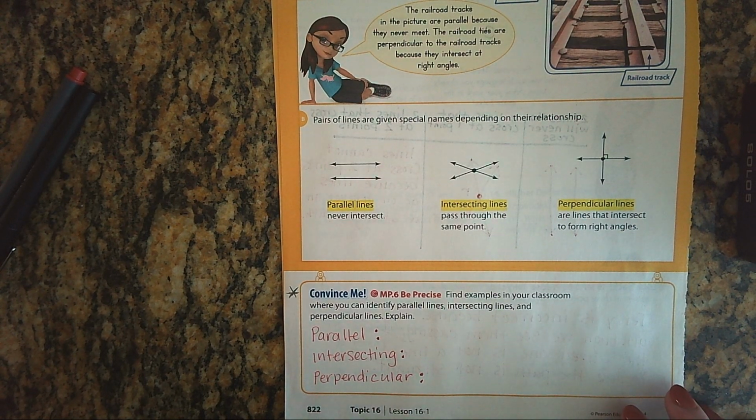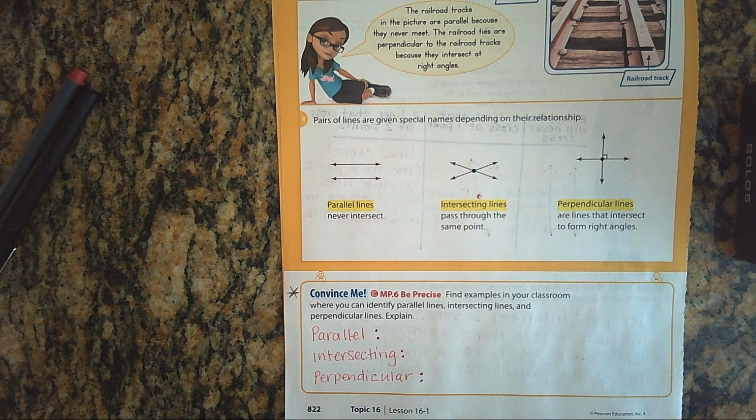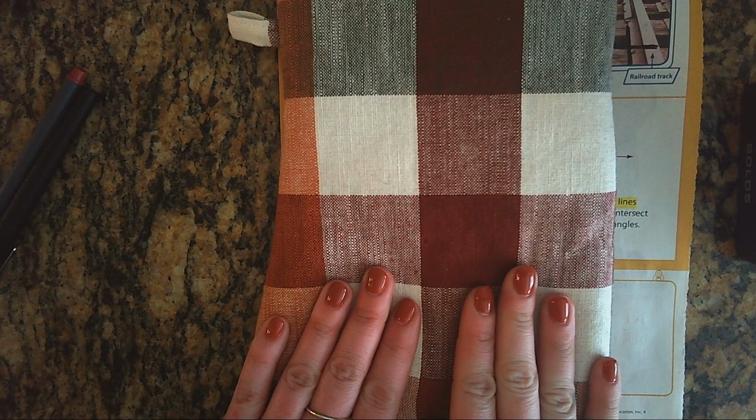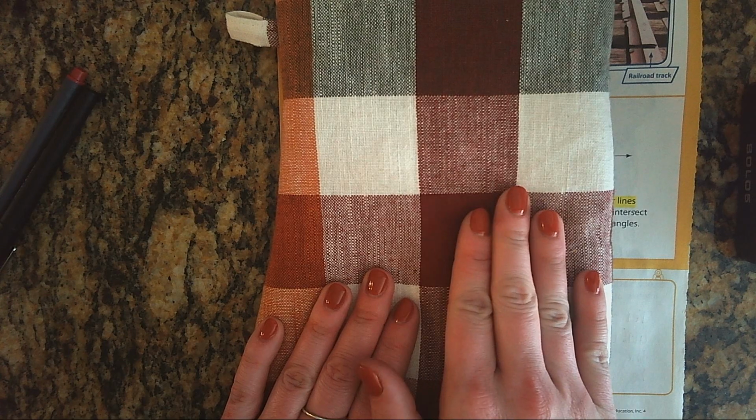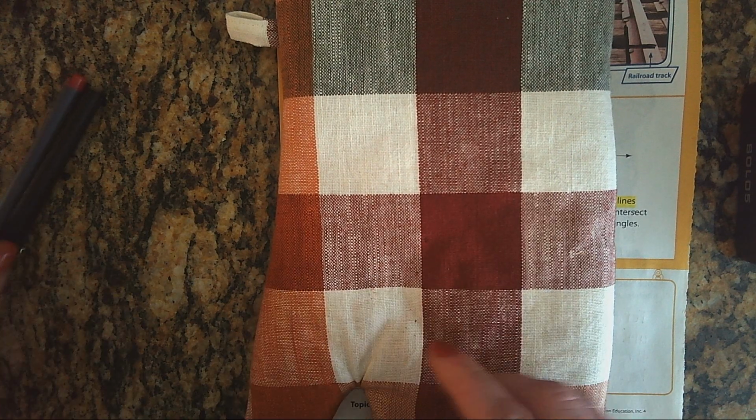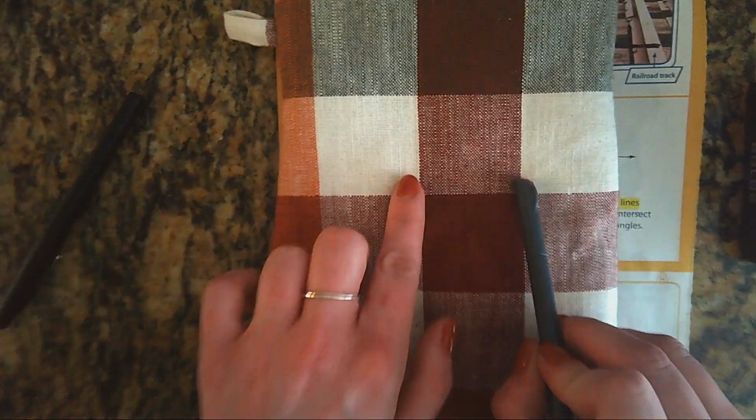But just looking around my apartment, I can see some different examples just right around me in my oven mitt. So I can find two different types of lines in my oven mitt. If I'm looking for parallel lines, well, these two lines here, right here and right here, that would be parallel.